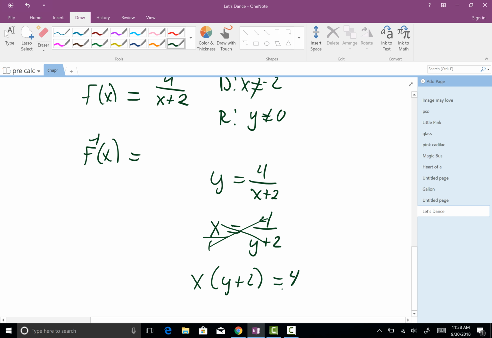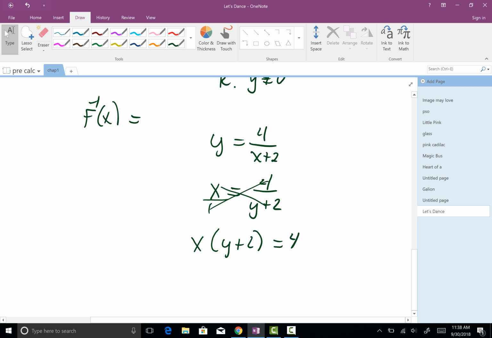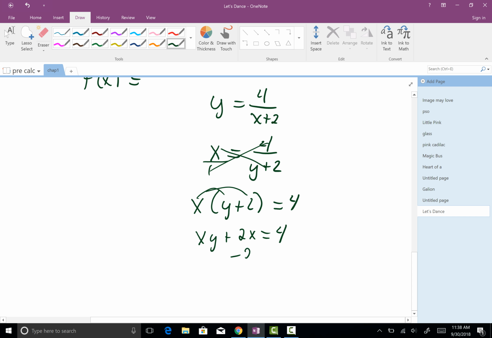All right. I still got to solve for y. Well, I have this x thing here, and I think what I'm going to do is move it inside. Right, and now I'm going to subtract a 2x from both sides.